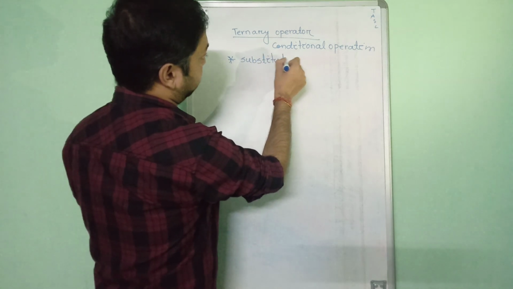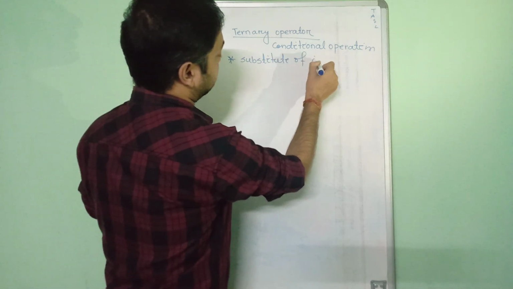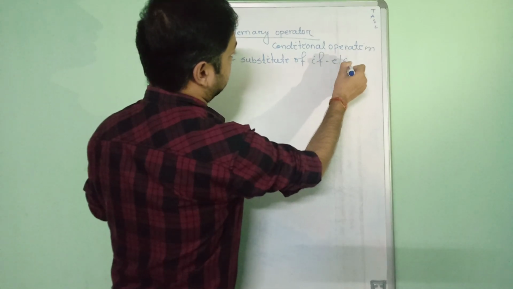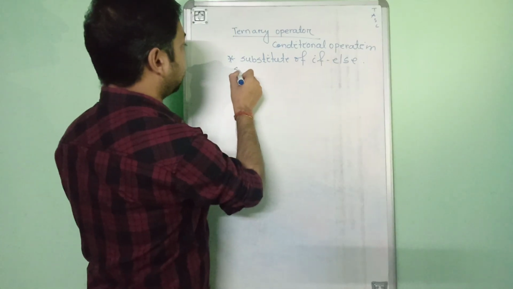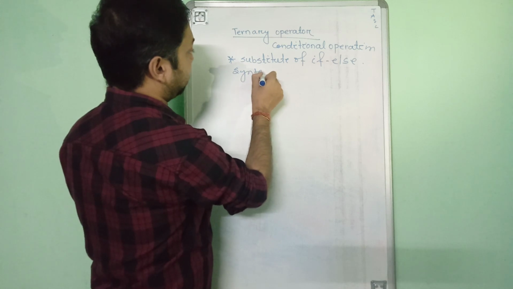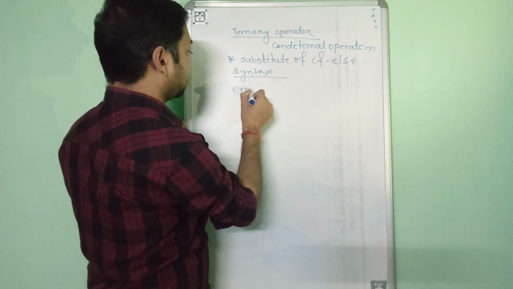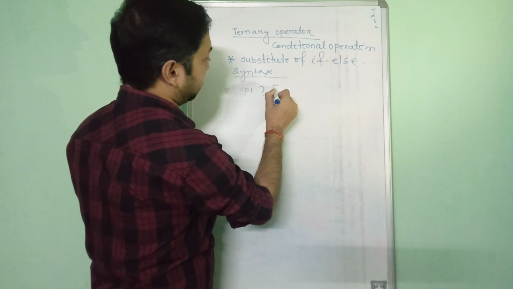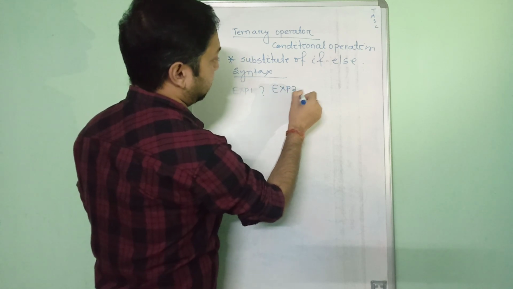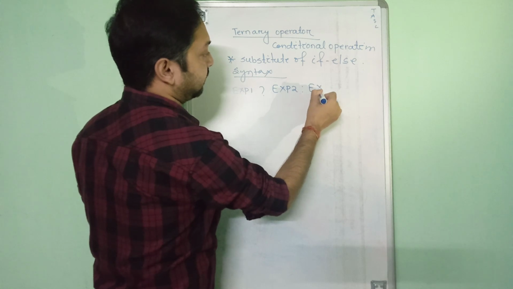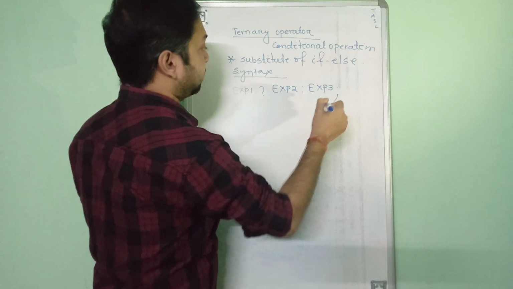So it has a simple syntax. Syntax you can see. It's a three part. That is expression 1, question mark, expression 2, colon, expression 3. So this is a simple syntax.